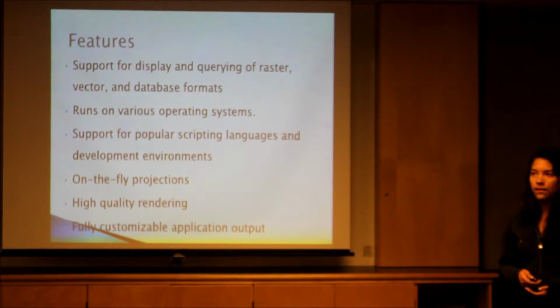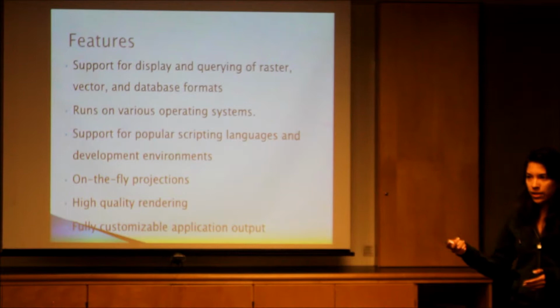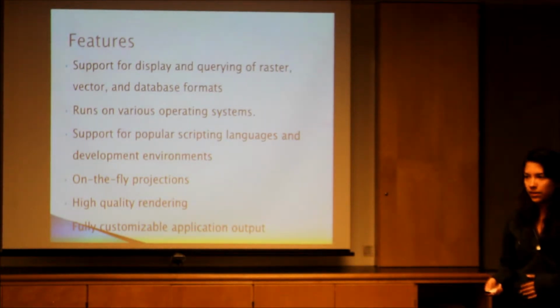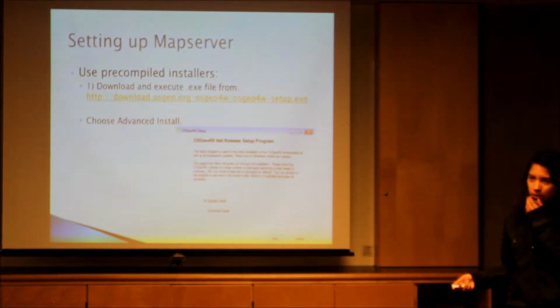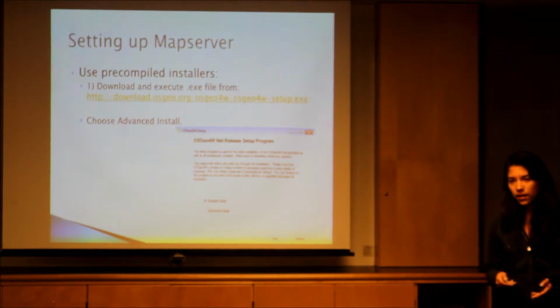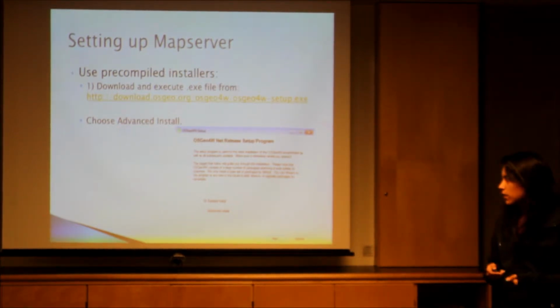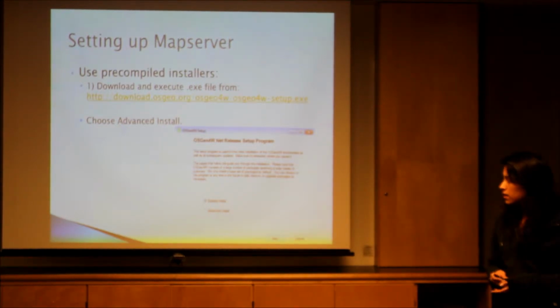So if you have data in one projection and you want to output in another projection, the map file can take care of that. And MapServer has capabilities to customize your output. It's quite easy to do that with just given labels.